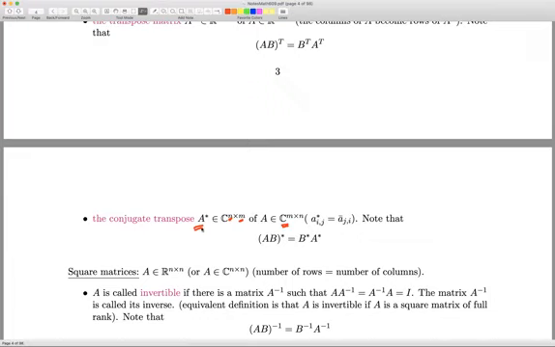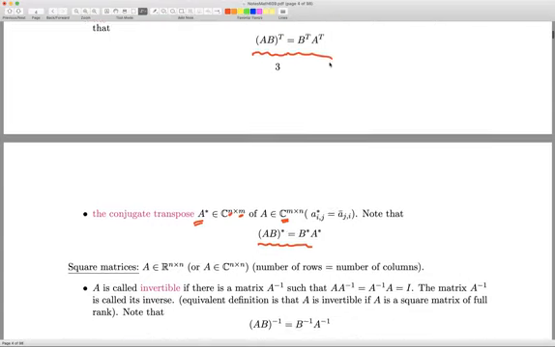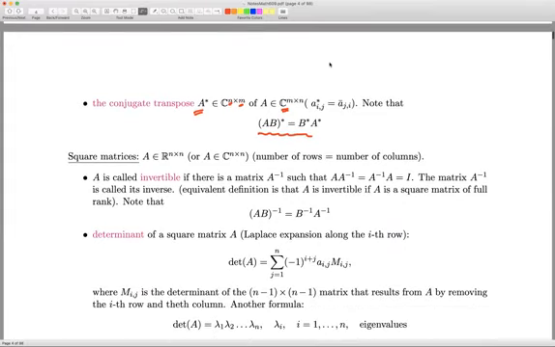The ijth element of the matrix A star is equal to the jith element of the matrix A, complex conjugated. And again, the same rule applies as for the transpose operation, that AB star is equal to B star times A star.